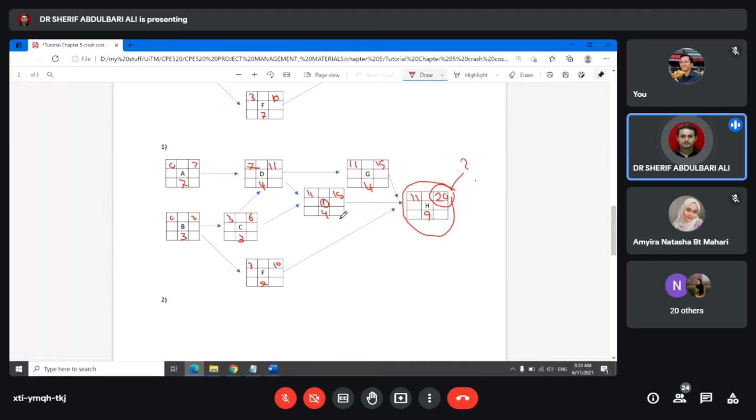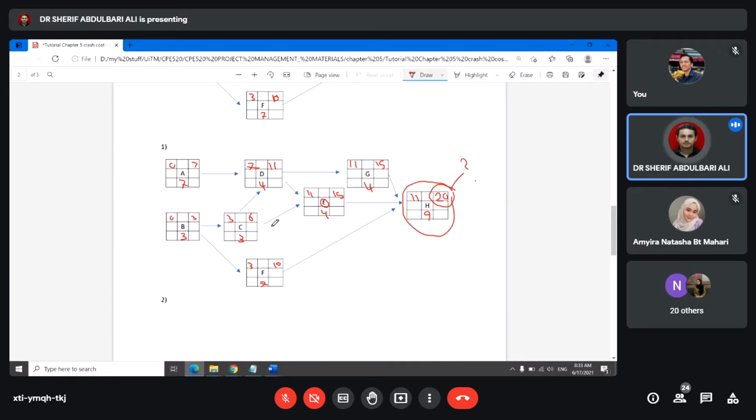But actually, we are going to exclude activity B and C, because activity B and C in here go to activity E. So whatever I change in here, there are changes in there.